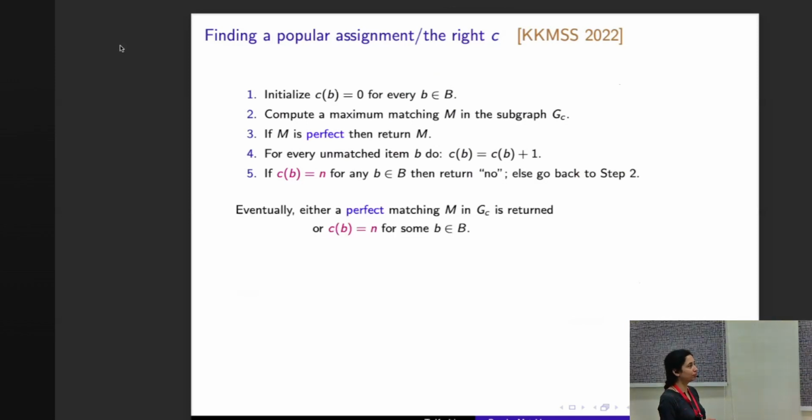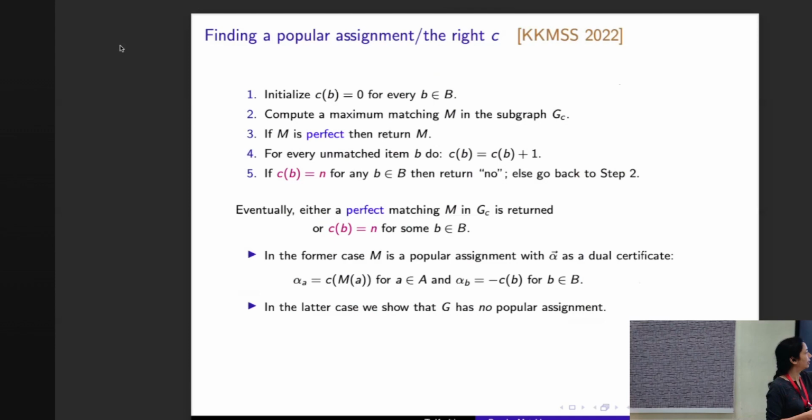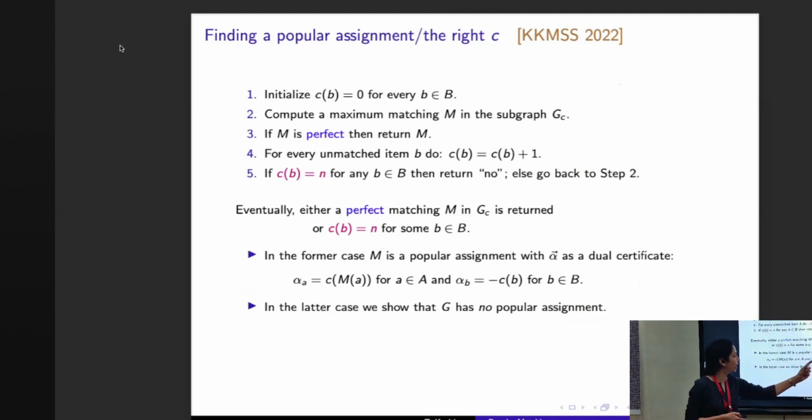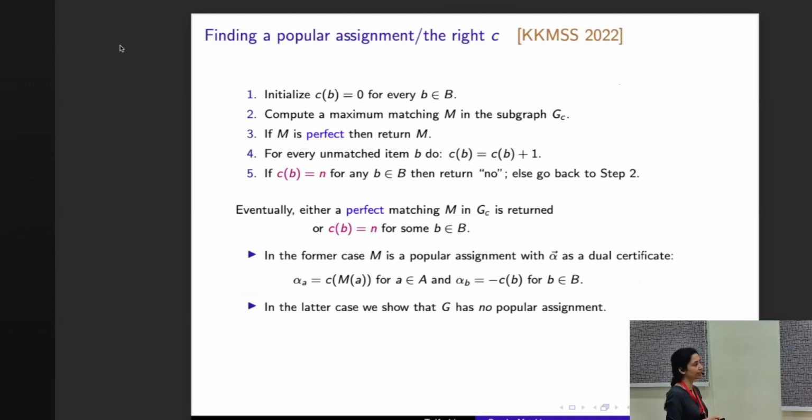So either a perfect matching in GC is returned, or the color of some vertex has gone into the forbidden range, it's become n. So when a perfect matching is returned, we use these colors on items to show a dual certificate, and that will prove that the resulting matching is indeed a popular assignment.